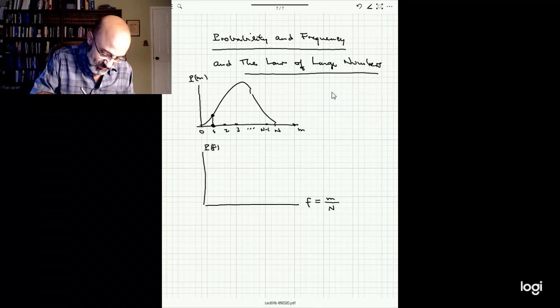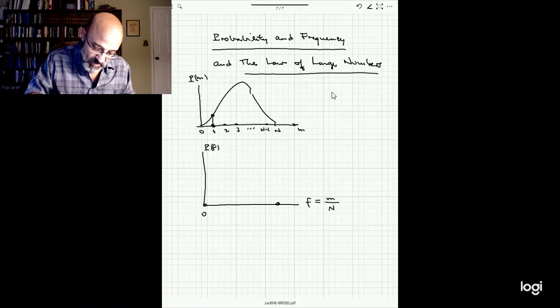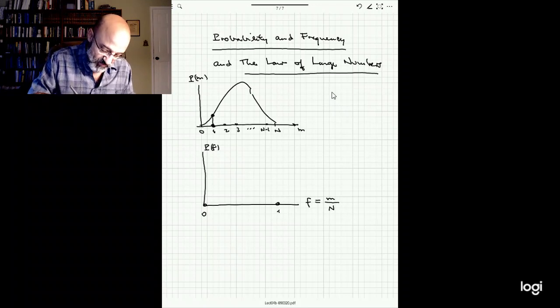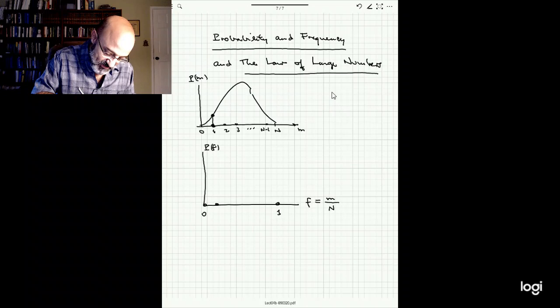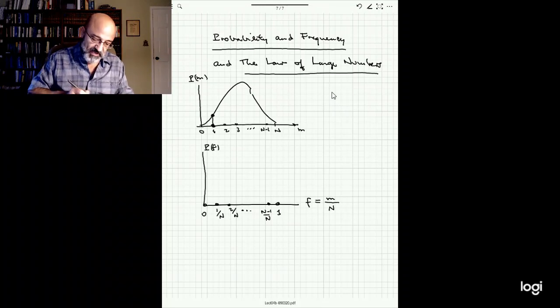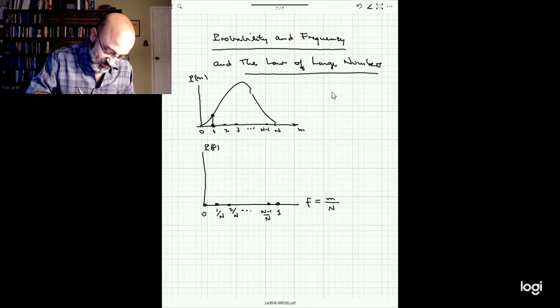Well, clearly it goes from 0 to 1 if I divide m by n. The actual values here are going to be 1 over n, 2 over n, and so on until you get down here to n minus 1 over n. And the distribution, of course, is going to be, the probability is exactly the same, something like that.